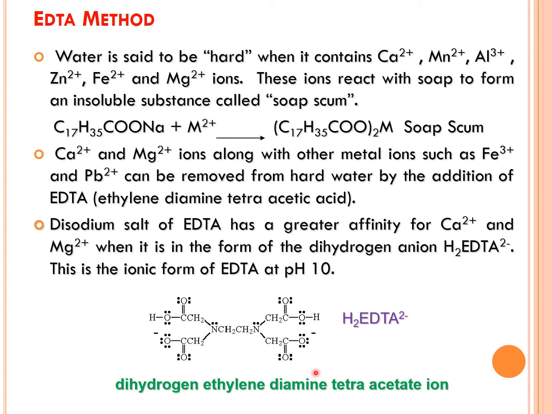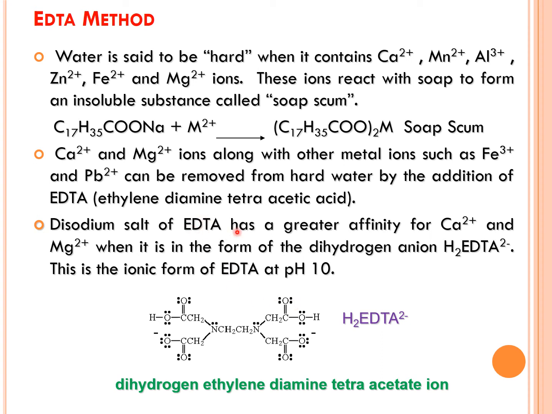Now when all the metal +2 or +3 ions are consumed by reacting with EDTA, then only the water will form lather with the soap solution, and it will work effectively.